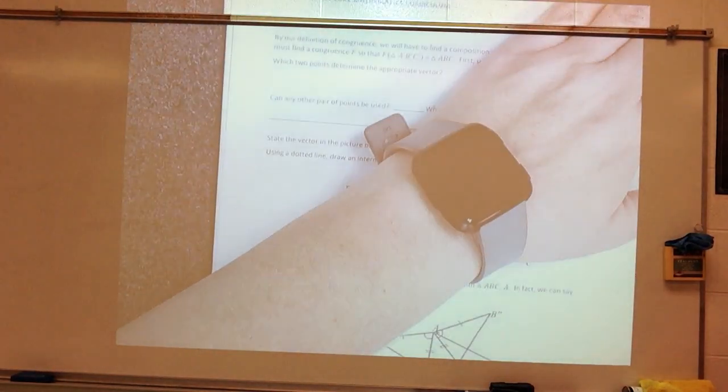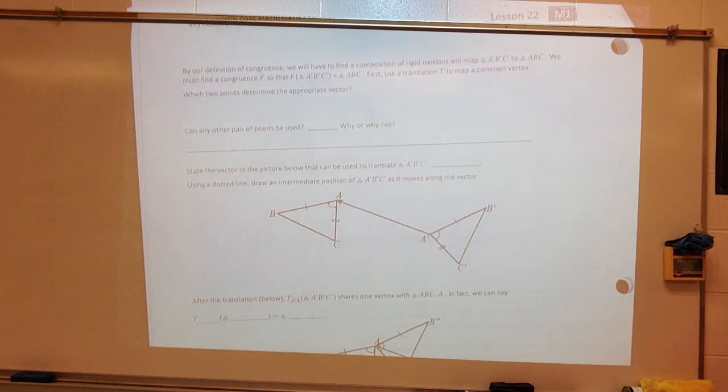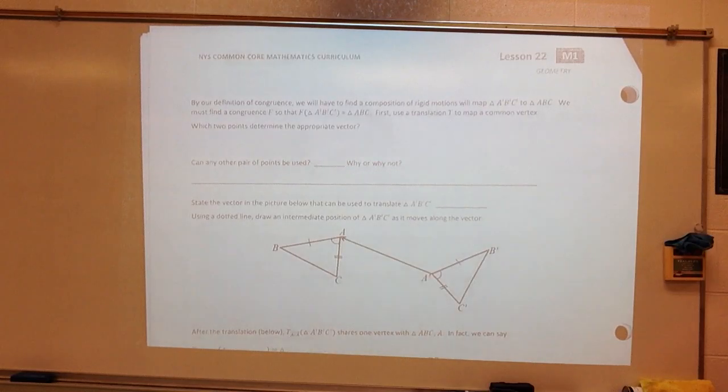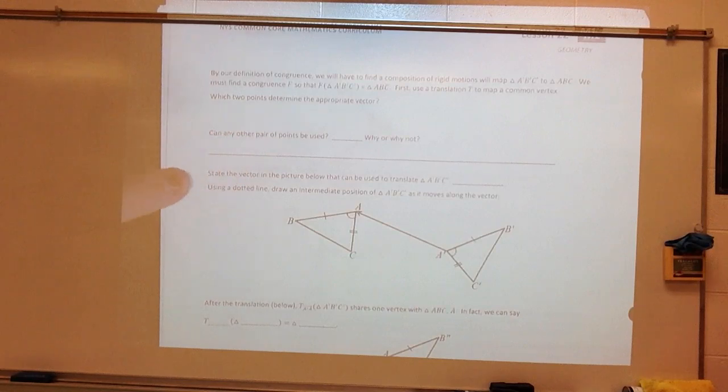By our definition of congruence, we will have to find a composition of rigid motions that will map A prime, B prime, C prime to A, B, C. So we want to know, how would we map our transformed figure back to our original figure? We must find a congruence F so that F of A prime, B prime, C prime is equal to triangle ABC.